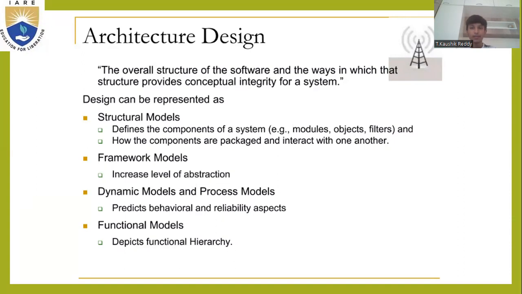Next, the framework model, with an increased level of abstraction. Next, the dynamic and process model, which predicts behavioral and reliability aspects. The functional model depicts the functional hierarchy.